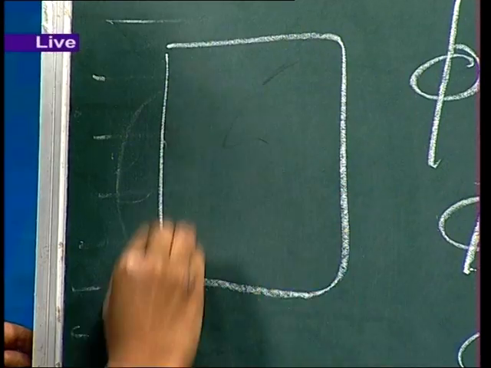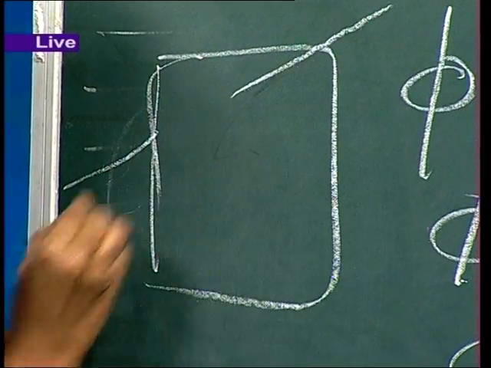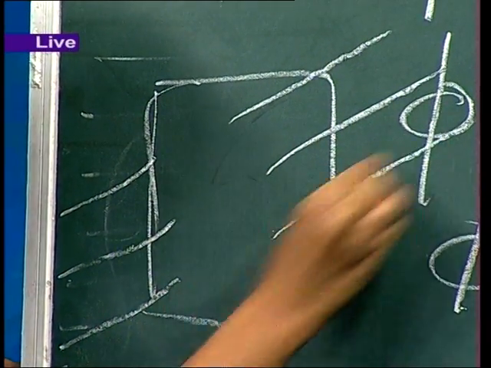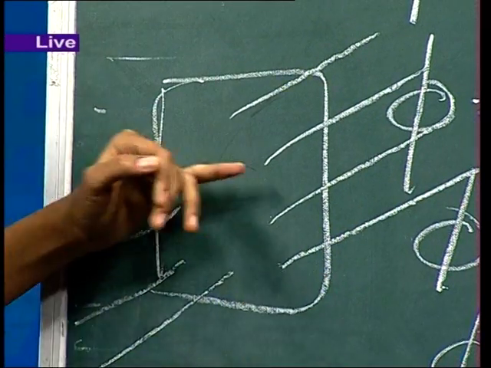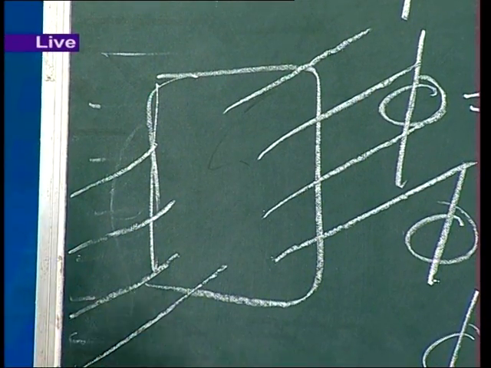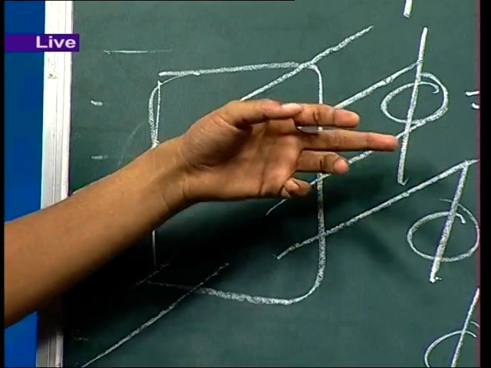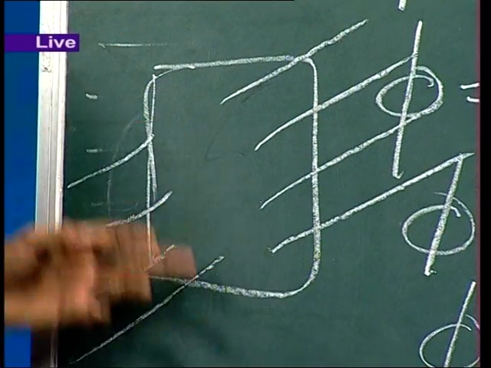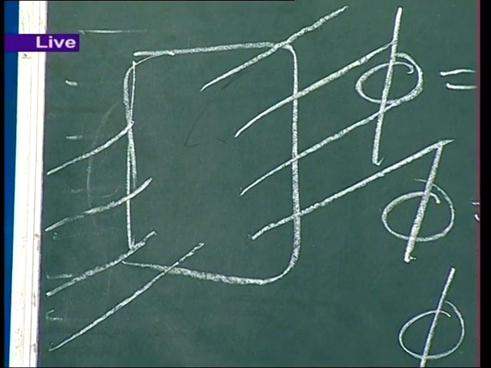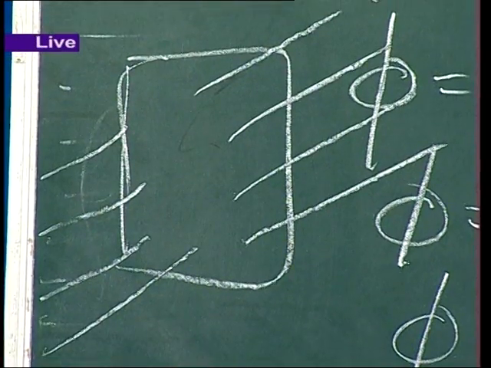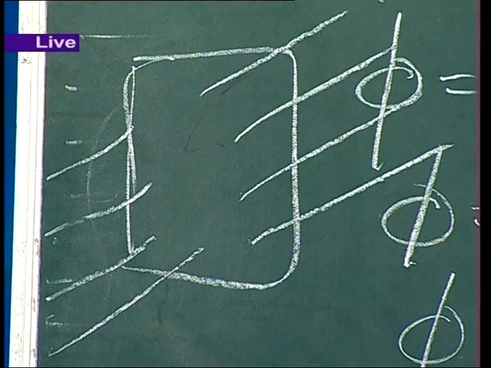This is the area vector. These are the lines which are passing through the area vector. So magnetic flux means the number of magnetic field lines passing through a particular area. Similarly, electric flux means the number of electric field lines passing through a particular area. Friend, is your doubt clear?